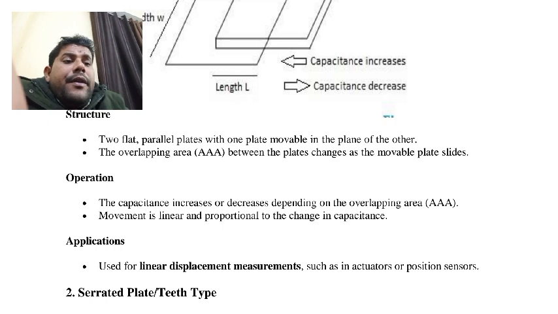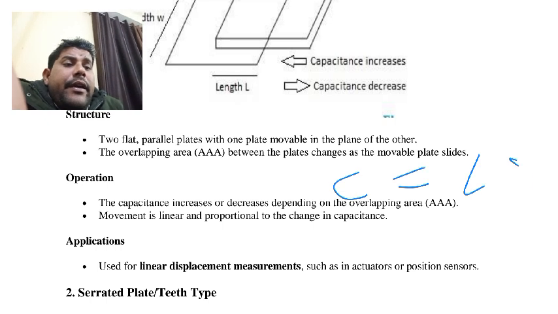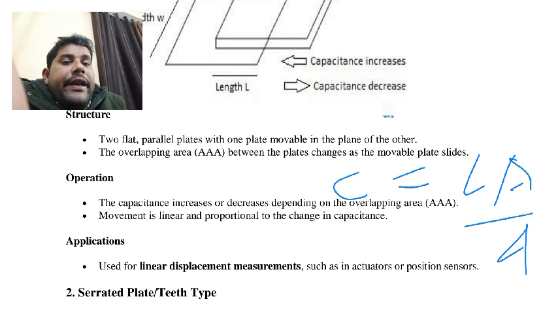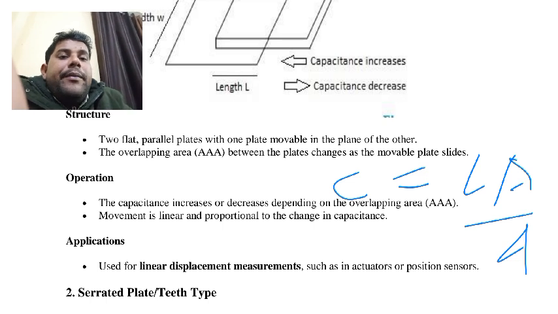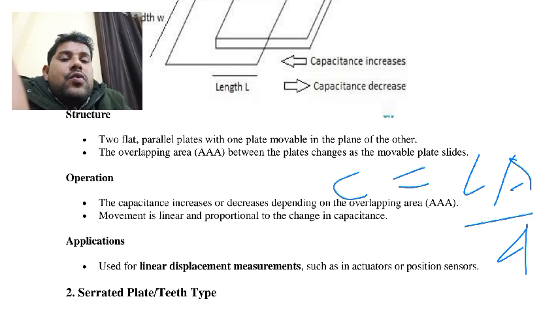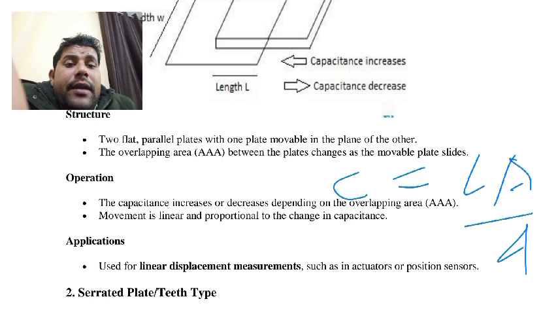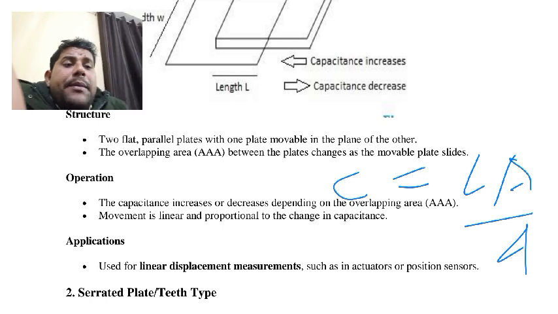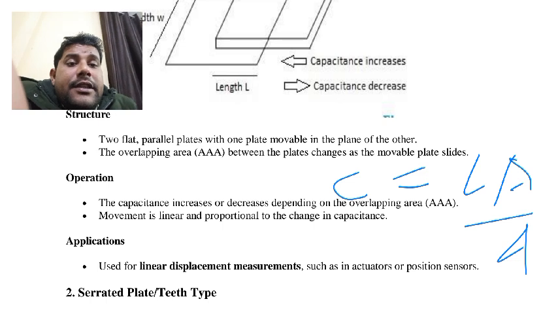Means the capacitance C equals epsilon A by D. If we increase the area, then capacitance increases. If we decrease the area, capacitance decreases, but this can be done up to a particular limit. After that, it can show non-linear behavior. So movement is linearly proportional to change in capacitance. When we change the area, the capacitance changes.